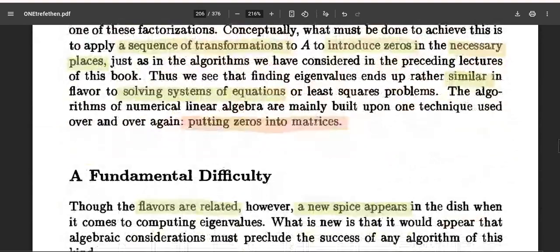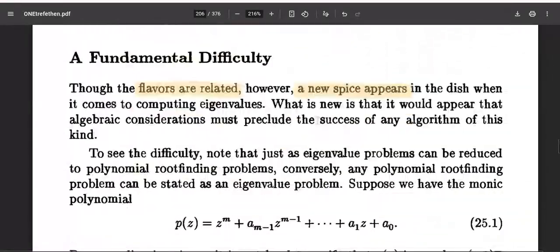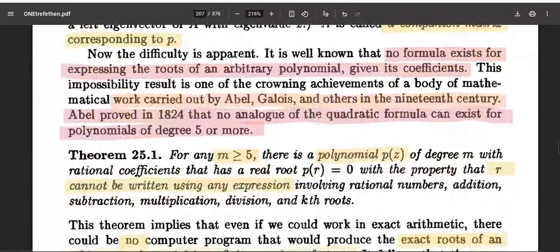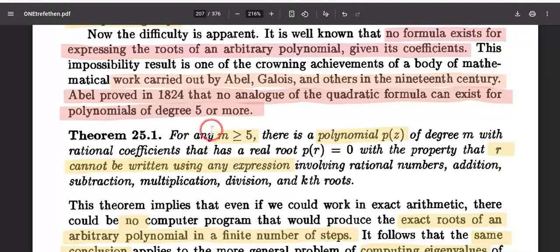The second fundamental difficulty is related to a theorem. When the characteristic polynomial has degree greater than or equal to 5 with rational coefficients, there is no mathematical expression to explicitly state the roots of the corresponding polynomial equation.